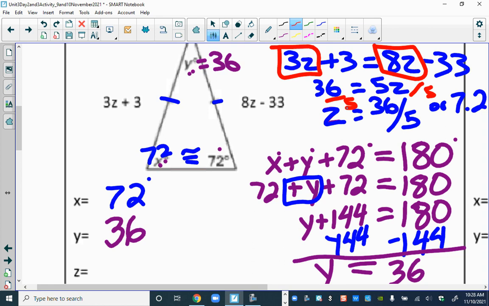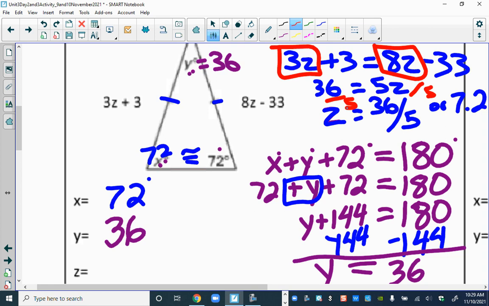Now, I will make sure on your test that your variables are whole numbers. I will check. But in this case, if you got a fraction or decimal, I would take either one, unless I tell you otherwise. All right, questions on this problem?